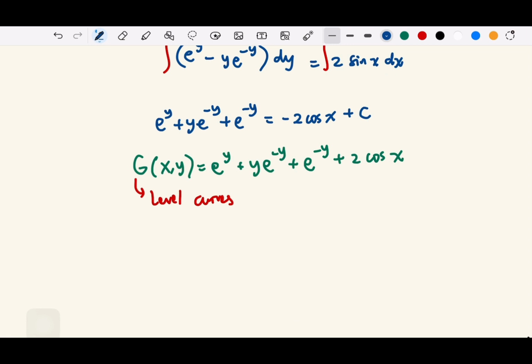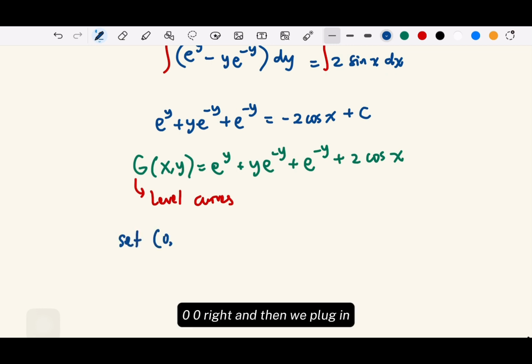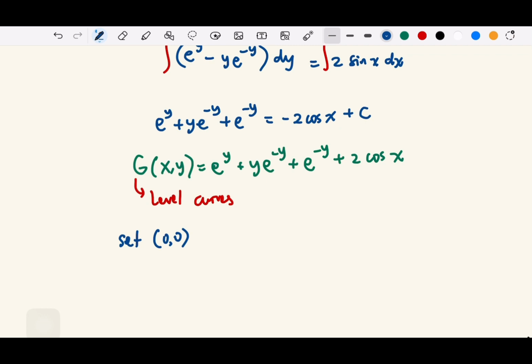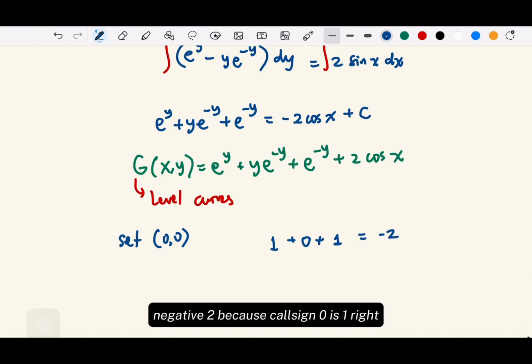So set 0, 0, right? And then we plug in. So e to the y. It becomes e to the 0, so 1 plus 0, so plus 0 plus another 1 equal negative 2, because cosine 0 is 1, right?